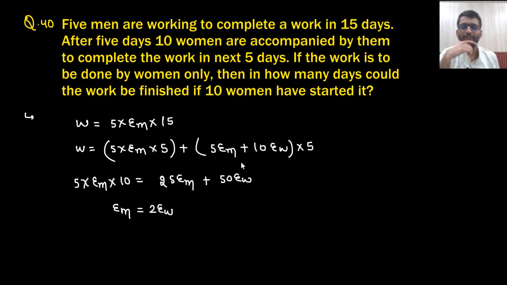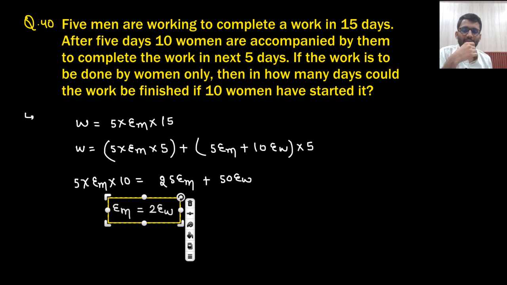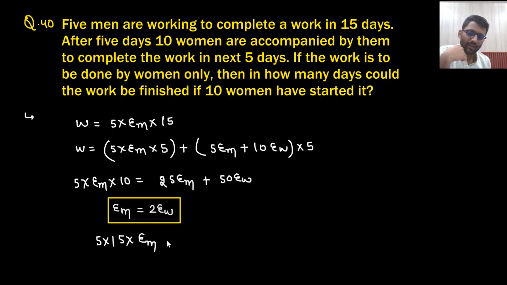Okay. Then in how many days could the work be finished if 10 women have started it? So what is the work? Work is 5 into 15 into efficiency of man. 10 women has started this. 10 into efficiency of woman for how many days? That you need to find.